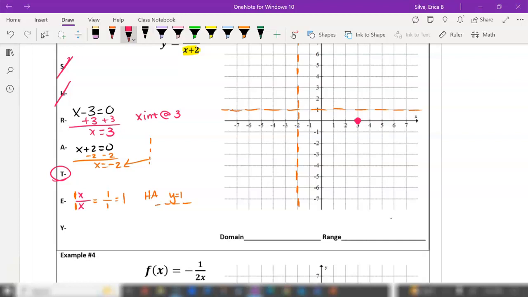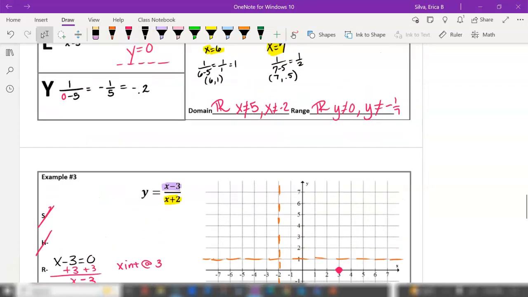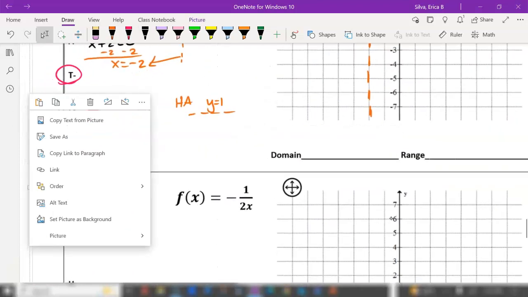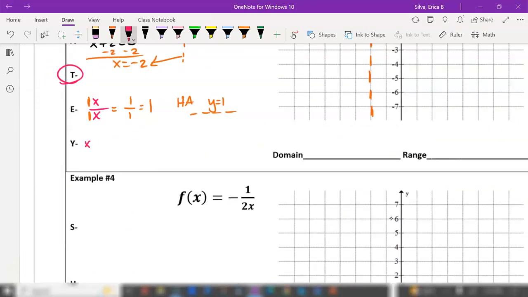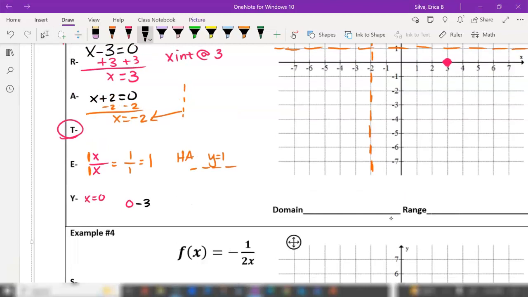Then my y-intercept. For my y-intercept, we look for where we set x equal to 0. My equation, I've got 0 minus 3 over 0 plus 2.